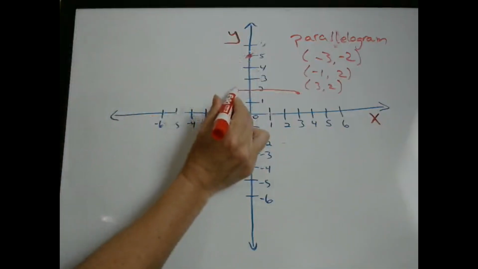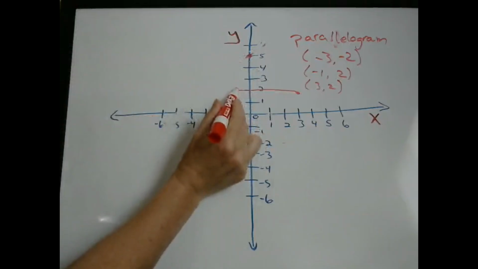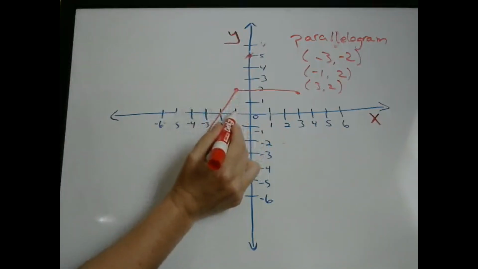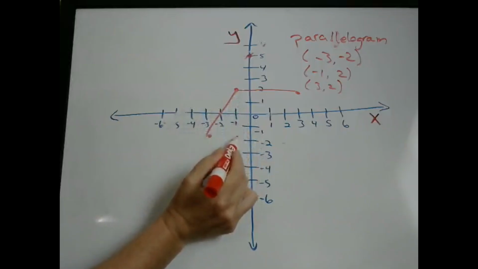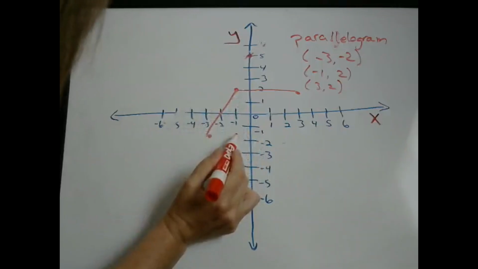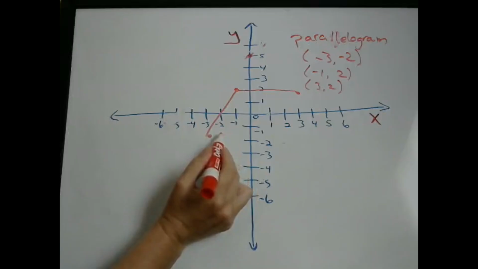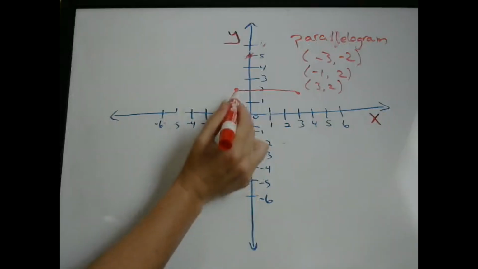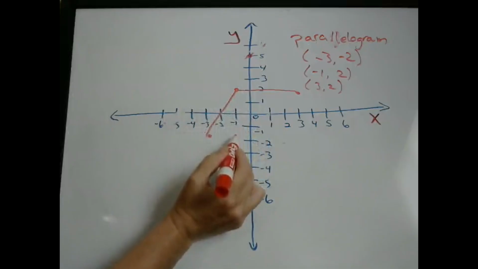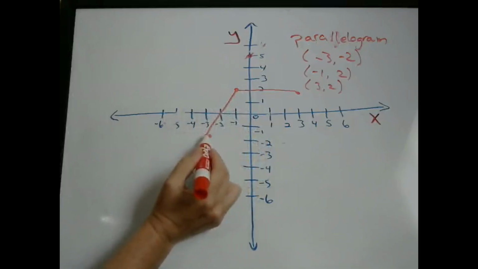So to get from here to here, we went down 1, 2, 3, 4, and then over 2. We went down 4, to the left 2.